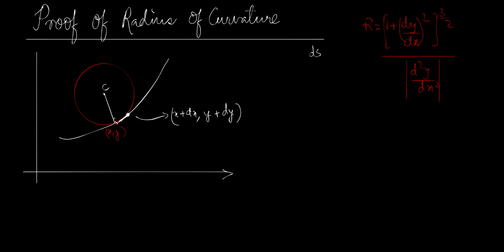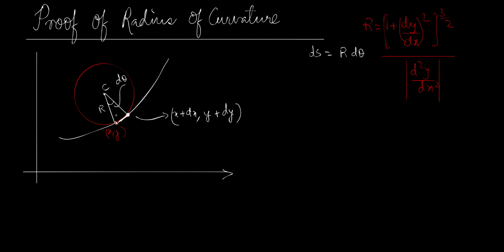So at this point, we have this radius r. If this angle is d theta, which is very small, then we can write ds is equal to radius r times d theta, because this arc length is on the circle as well as on the curve.